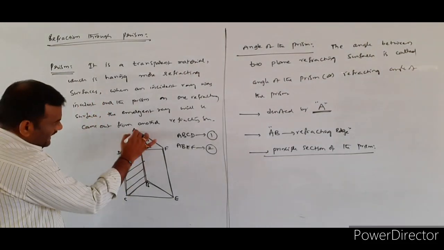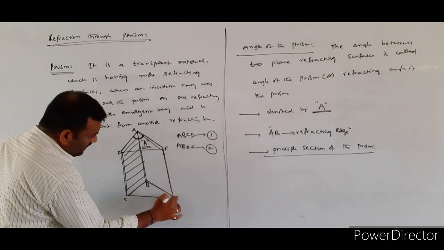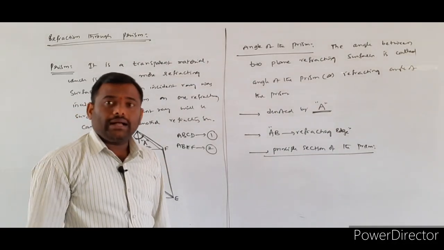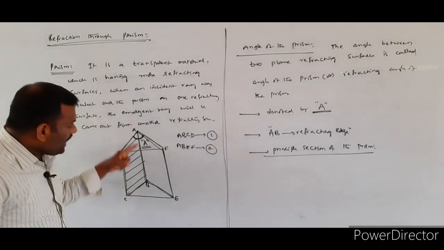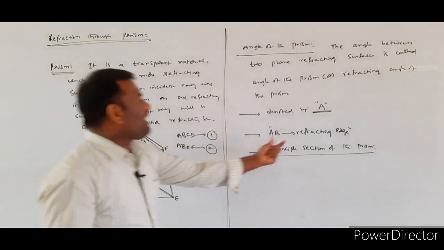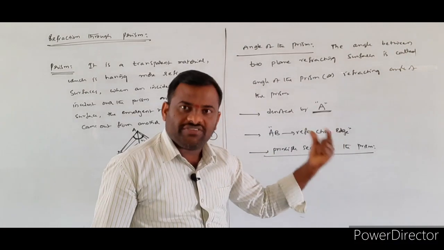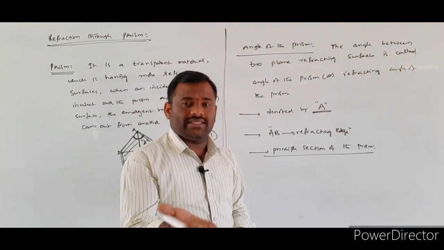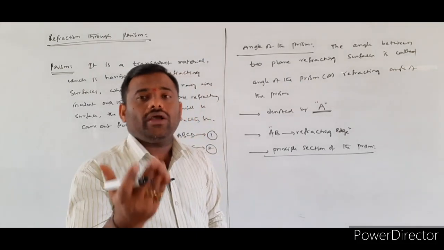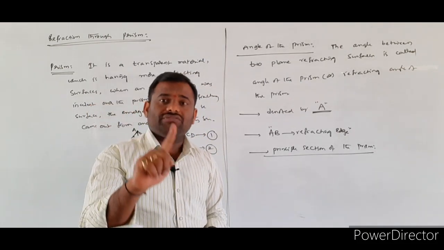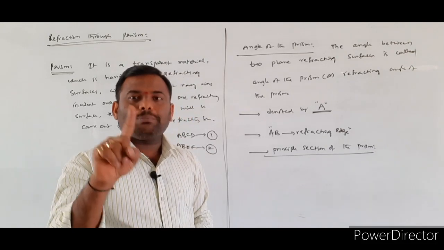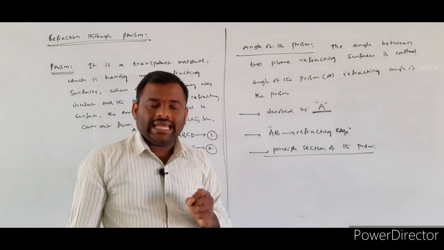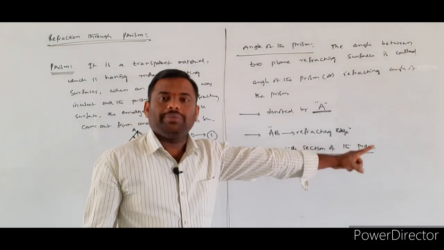See here, it is a three-dimensional representation of the given prism. So if we cut the prism perpendicular to the refracting edge, so the cross section of the prism in a plane perpendicular to the refracting edge will be calling as principal section of the prism.